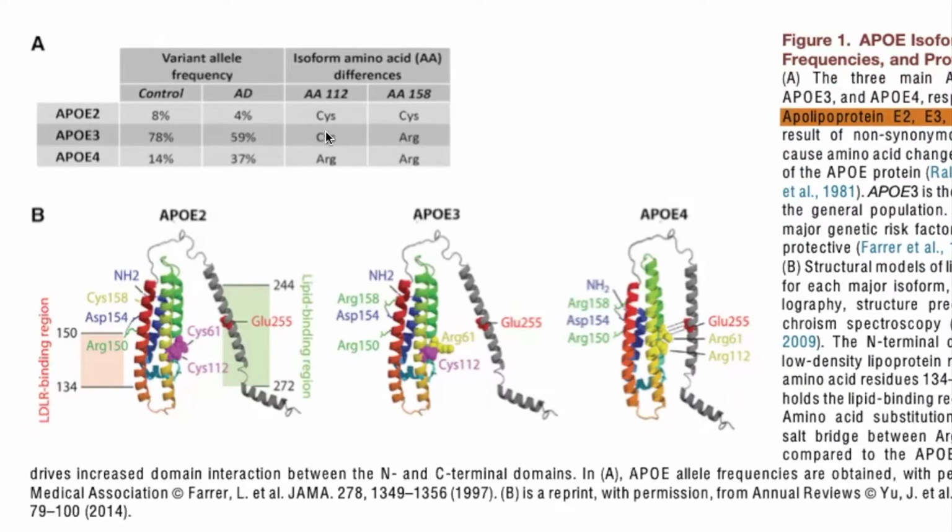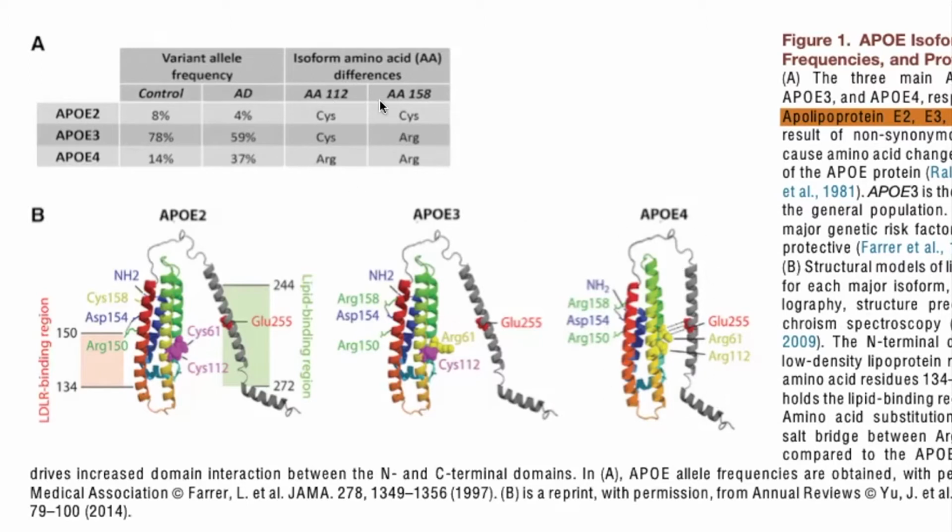If you have a cysteine or an arginine in these two different positions that you can see here in yellow and violet, you see that in APOE3 the shape changes slightly from the APOE2. Instead, in the APOE4, when you have two arginines here, the shape changes like this.